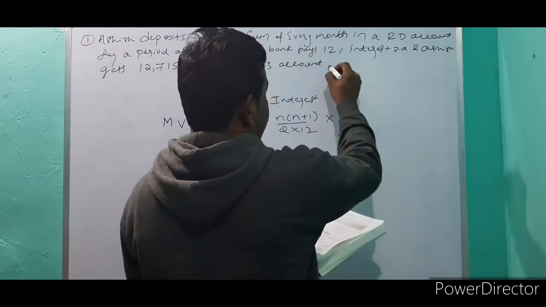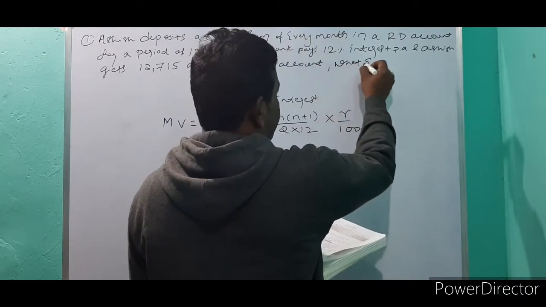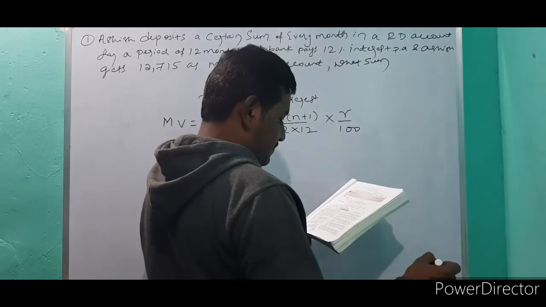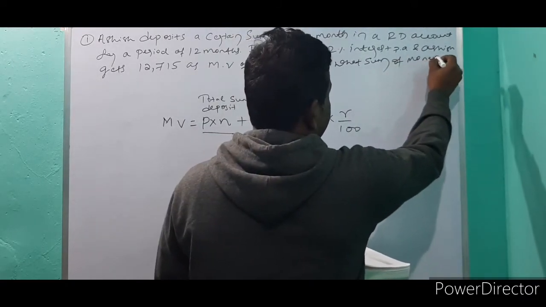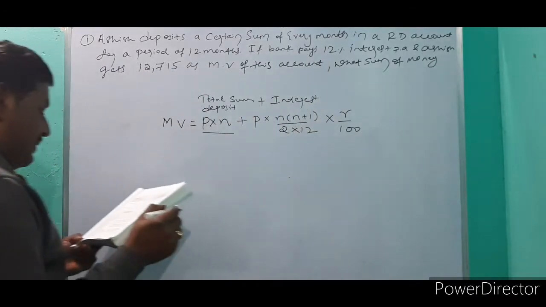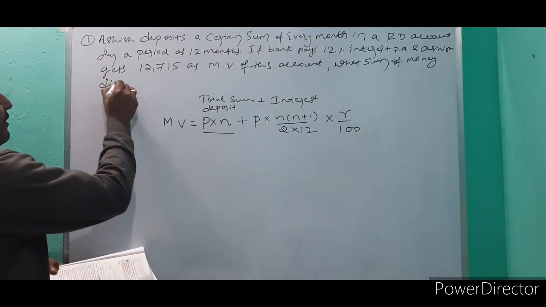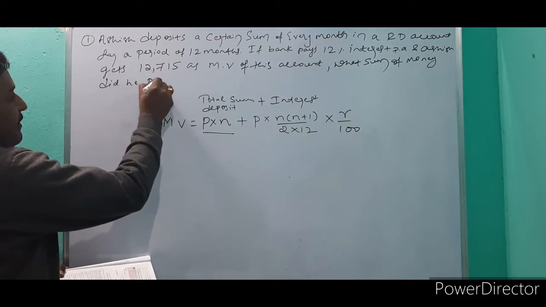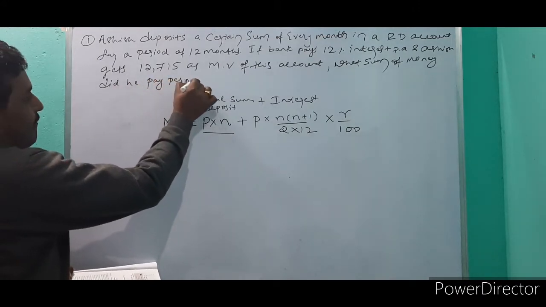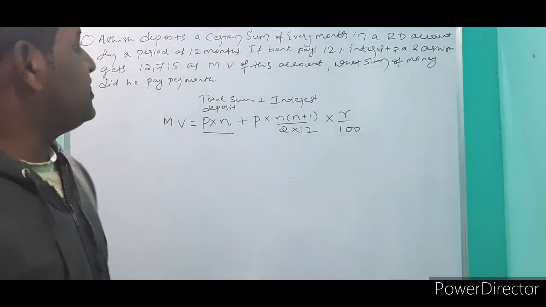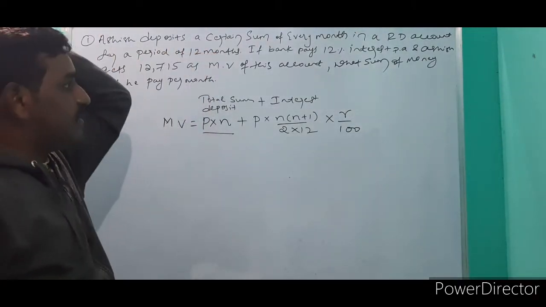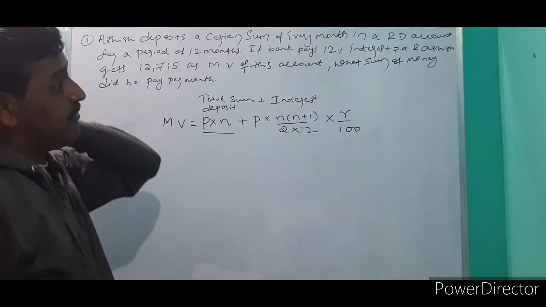what you have to find? What sum of money did he pay per month? So look at this problem. Here Ashish deposited a certain sum of money every month.